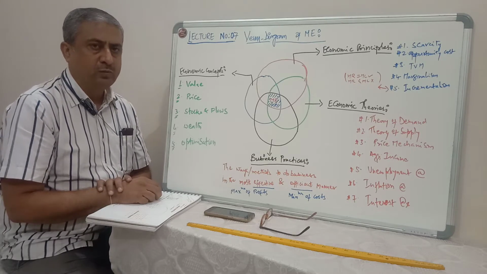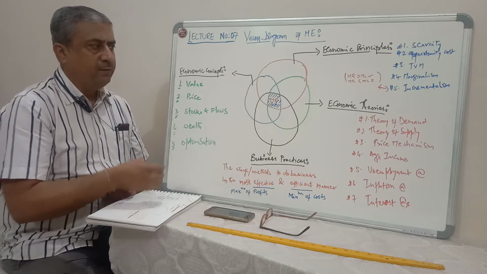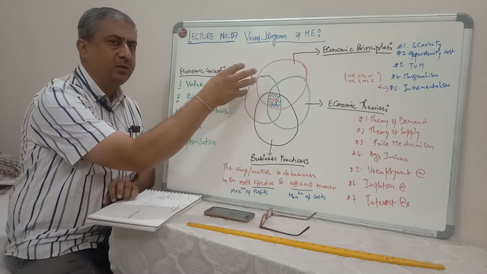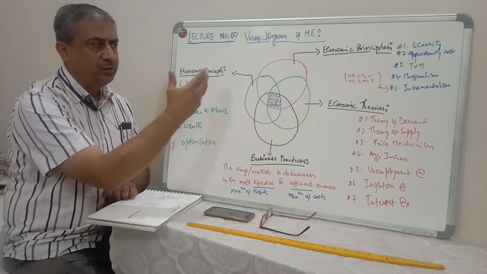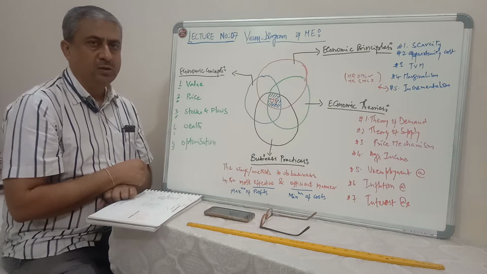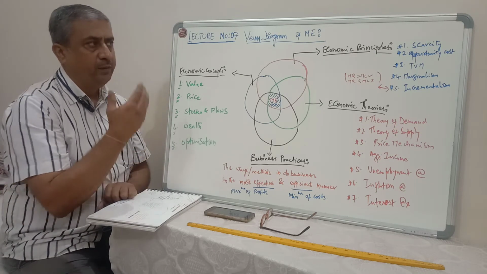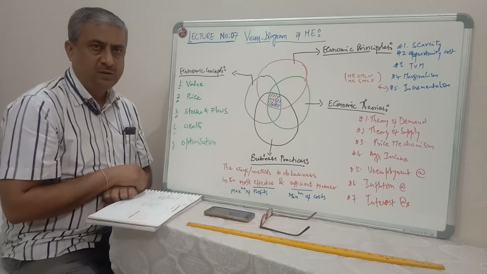In simple words, what does a Venn diagram do? A Venn diagram includes everything related to a particular aspect. Say, for example, here there are four different circles depicting four different aspects of economics: principles, theories, practices, and concepts.